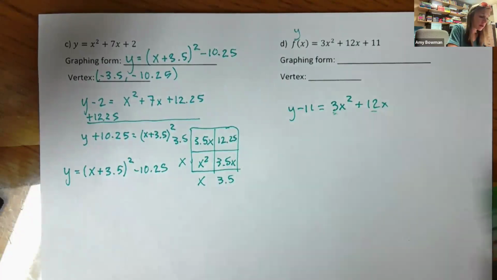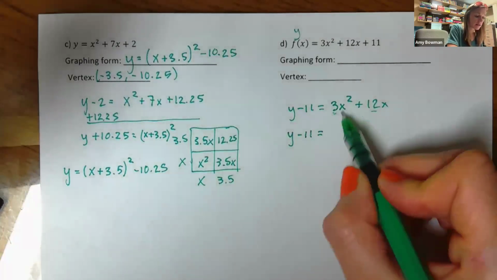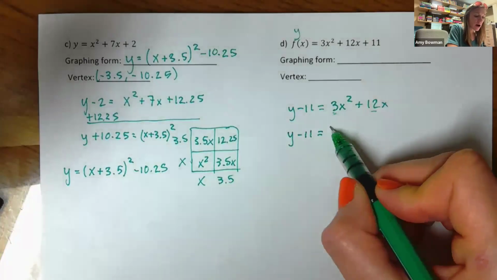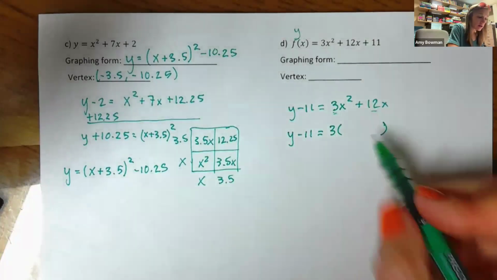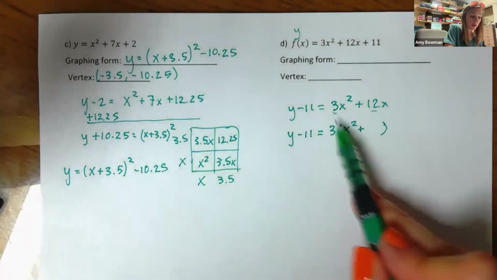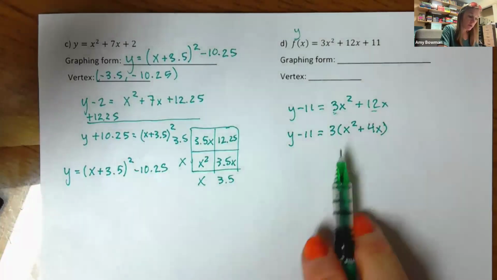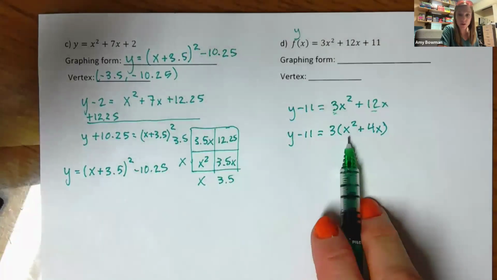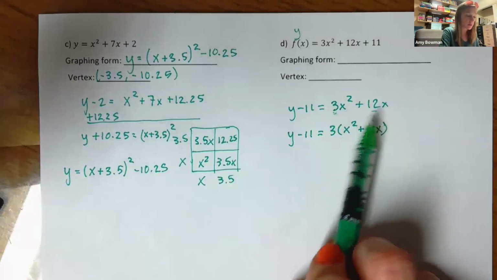So the first step here is, let's just think of this as 3 times x squared plus, and then if I factor that 3 out of the 12x, it turns into 4x. So we have 3 times x squared plus 4x. So all I did was just factor out this 3 from both of those terms.